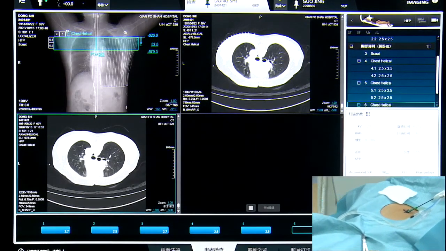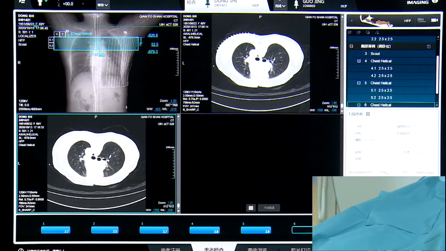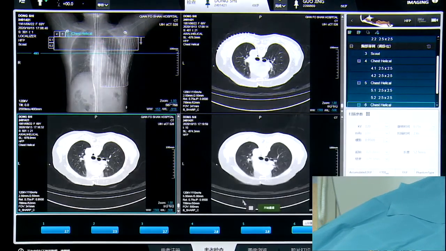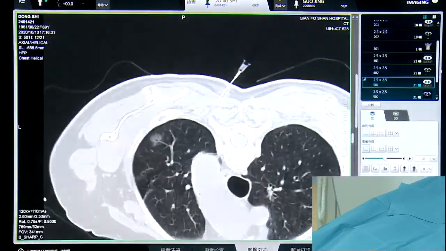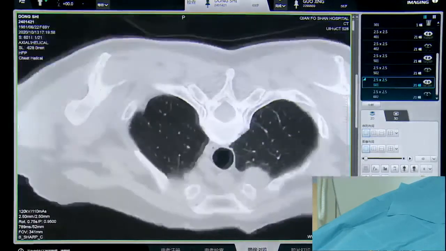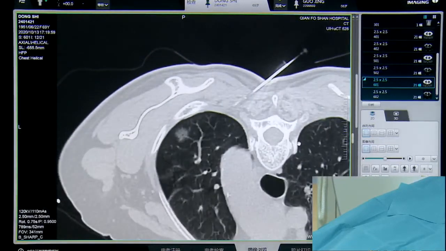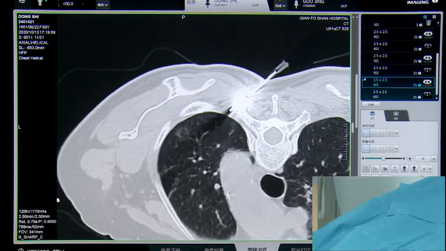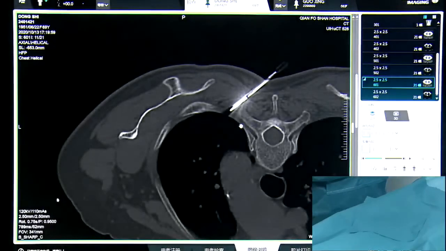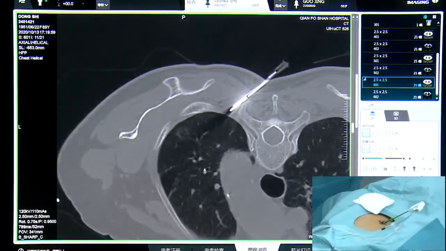The reason we do this is to ensure the microwave antenna is in the right position and finish the ablation. I suppose that in case of pneumothorax or hemorrhage, you have the needle in place, and that will allow you to do the ablation.